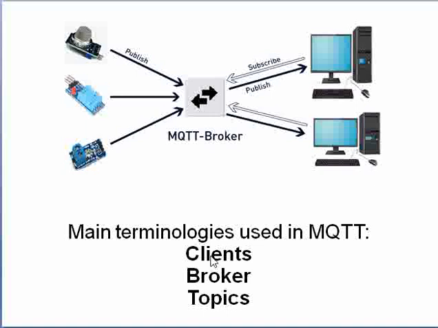These are the three terms around which the entire MQTT protocol revolves. Definitely, publish and subscribe terminologies are also there, but they are common, right? But we need to know what are these important things which actually play a crucial role.